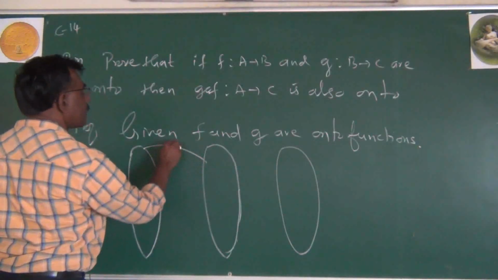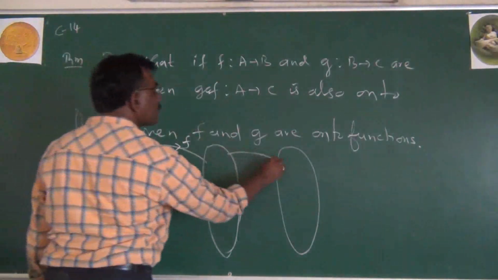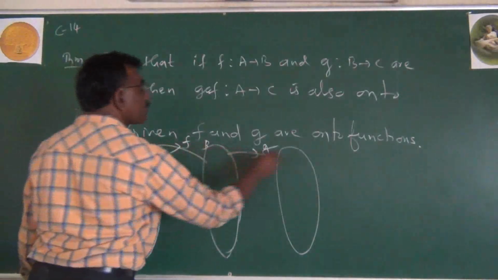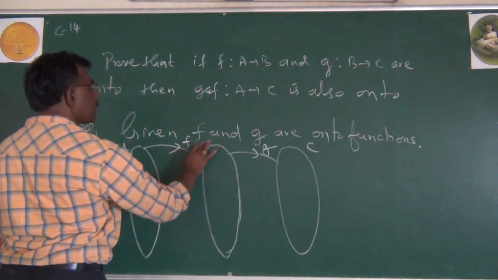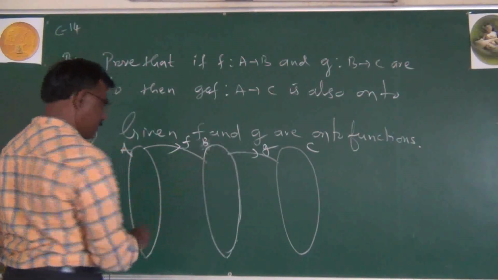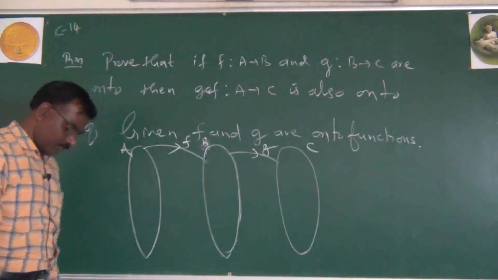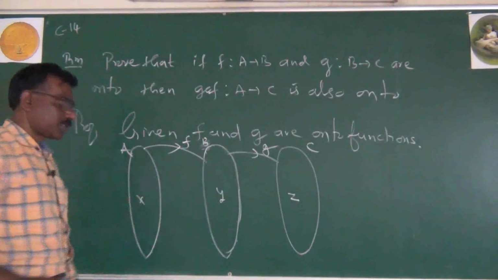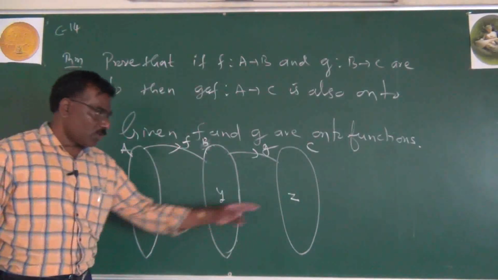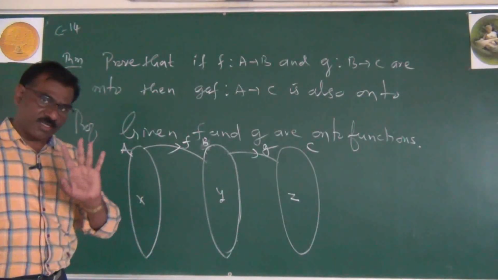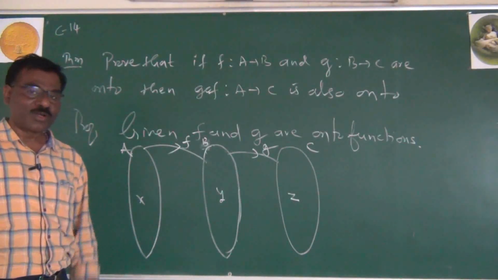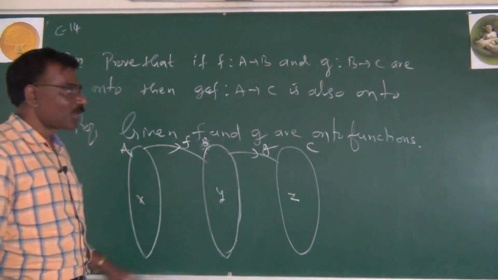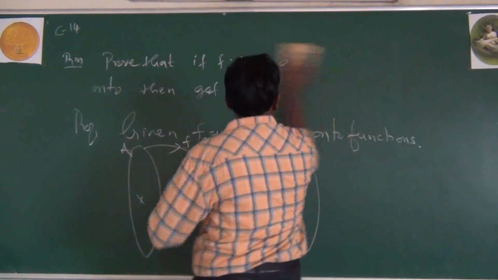This is f, this is g, with sets A, B and C. I am taking some elements z, y and x. When you get z equal to x, or x equal to z, that is definitely called onto. You have to prove this is equal to this. That is called onto.